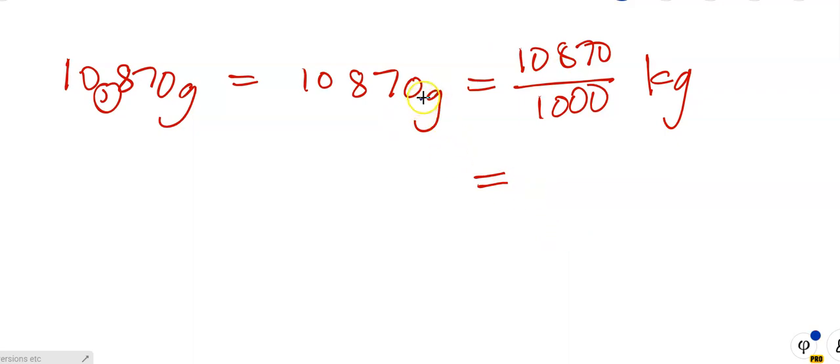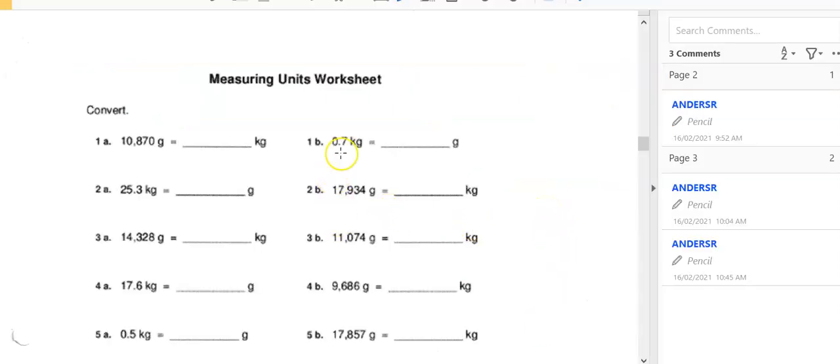So I move the decimal point 1, 2, 3. So it's 10.87 kilograms. So that's your answer. The comma is a thousandths separator, and that dot there is the decimal point. Okay. You need to zoom in a bit.